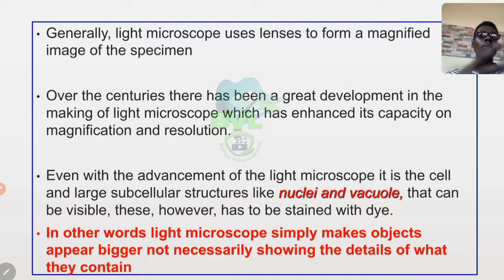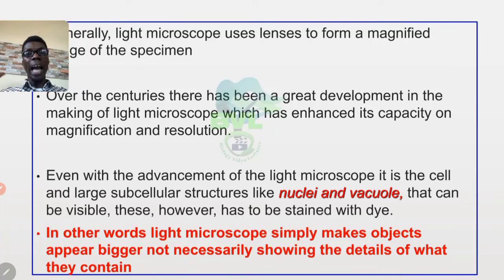Now, magnification means the ability to make something bigger. While resolution, on the other hand, is showing details of things. For example, when two points are very, very close together and they are almost seen as one, a higher resolution will still show that they are not together; in reality they are separate.